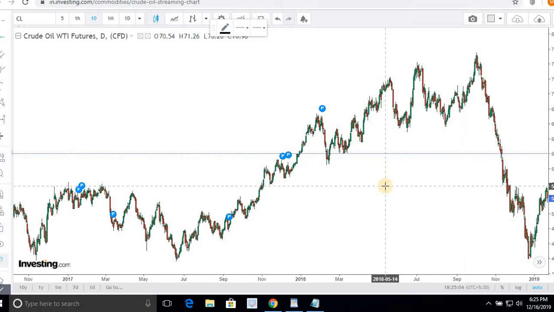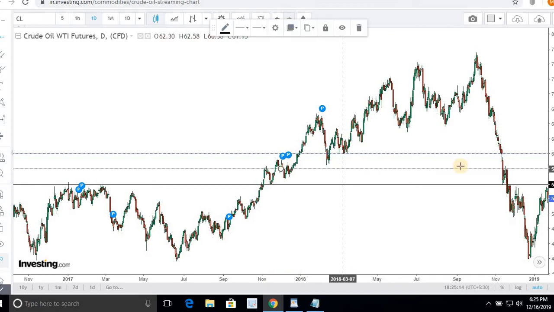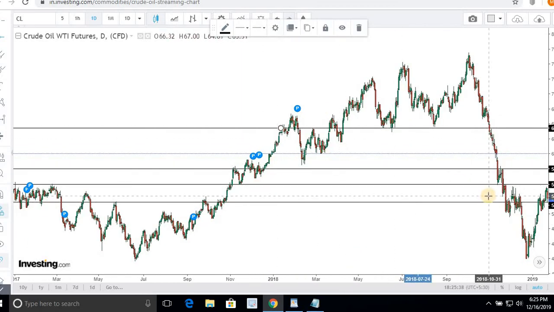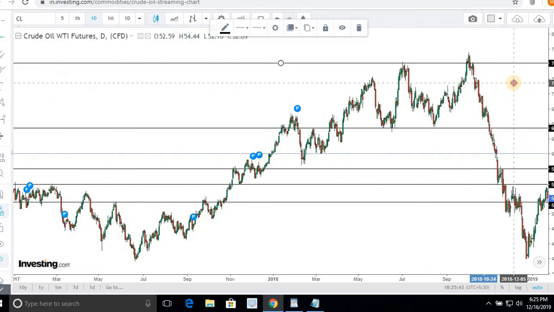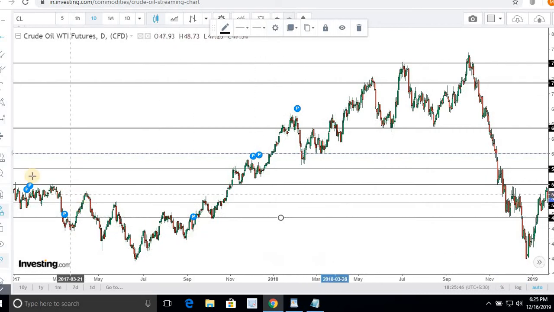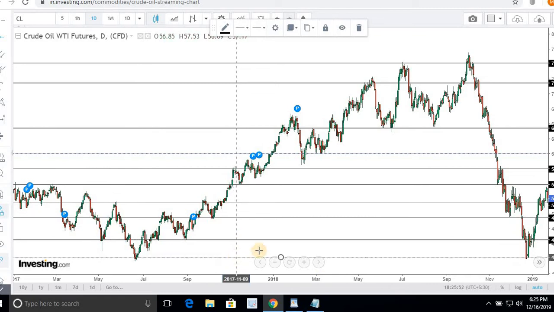So I see this one to be obvious. I see this one to be obvious. This one. Next is this, and of course this level, this level, this one, yeah, this one as well, and this.